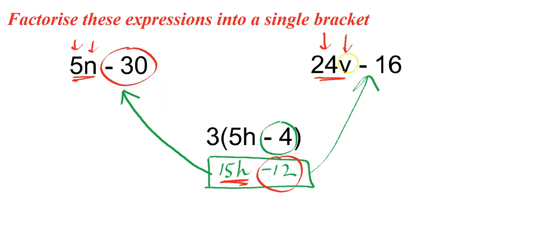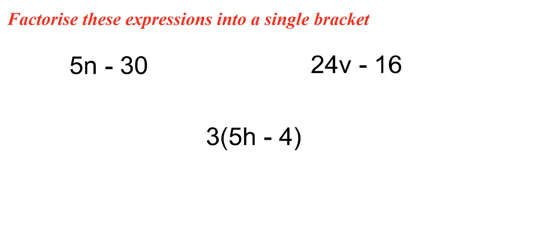So what we need to end up with is an expression which has brackets. That's what it means to factorize these expressions into a single bracket. There'll be a term outside the brackets, and a couple of terms inside the brackets.